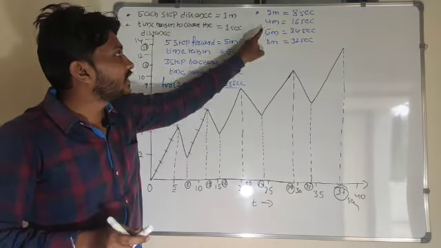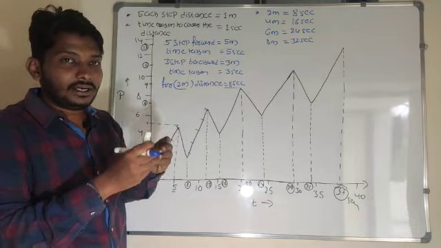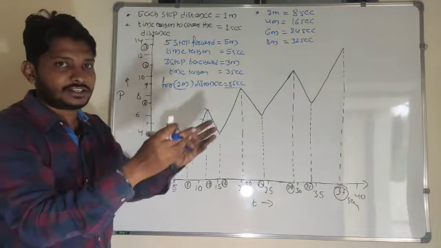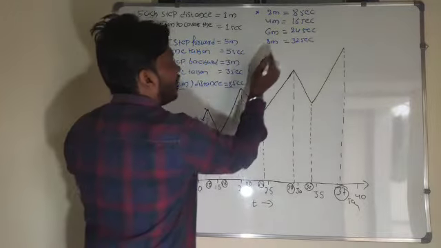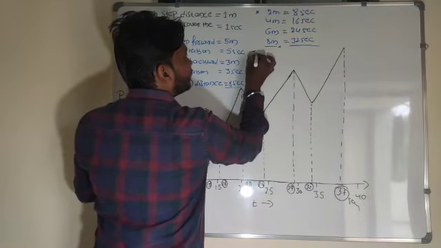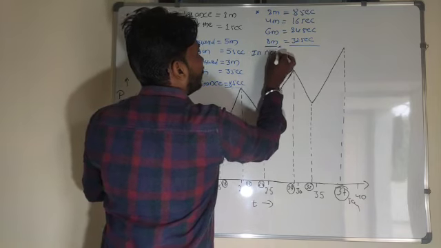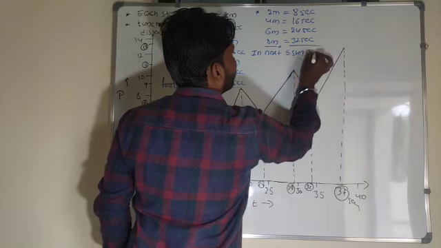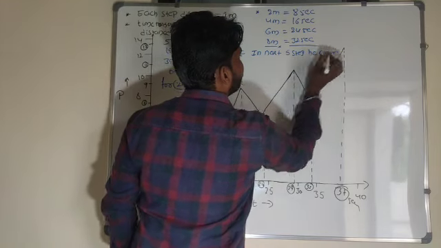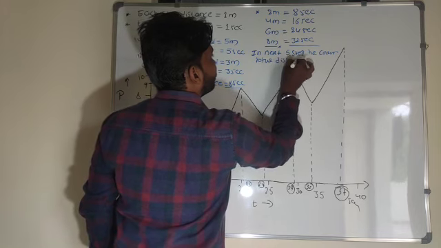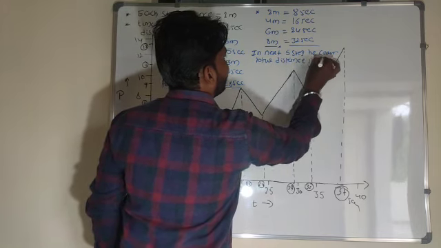Okay, so look at here. After traveling that 8 meter, 8 plus 5, so that is 13 meters. So he got his destination point. After traveling up to this distance, in the next 5 steps he covers a total distance of 13 meter.